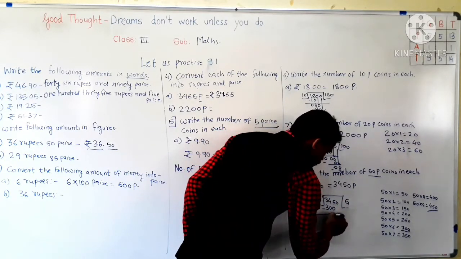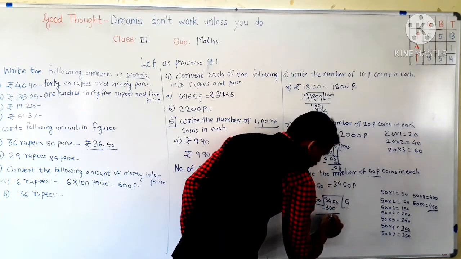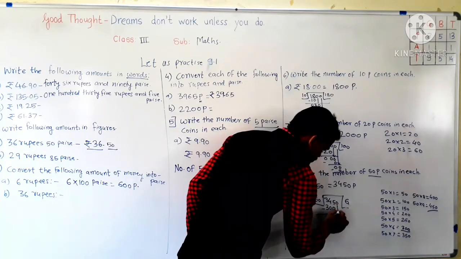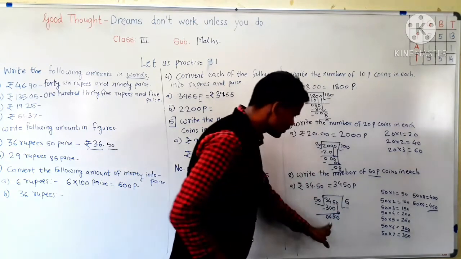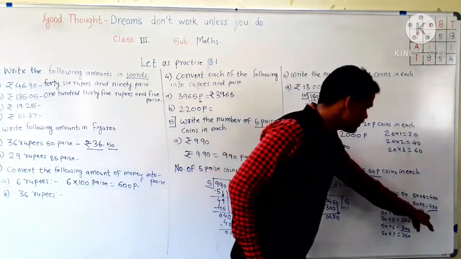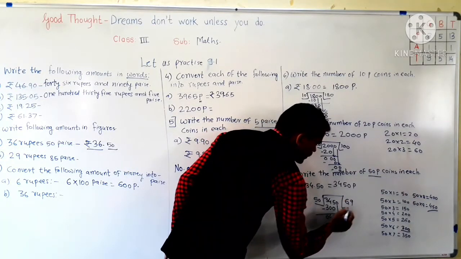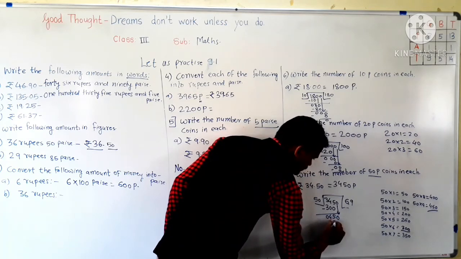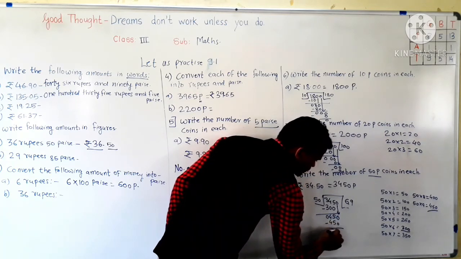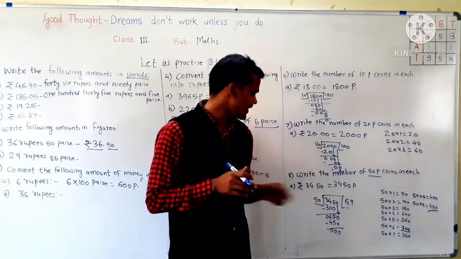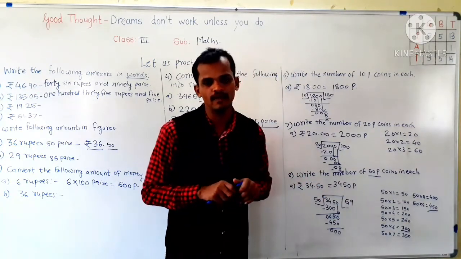Subtract: 5 minus 0 is 5, 4 minus 0 is 4, 3 minus 3 is 0. Then take the next digit down here. 450 is formed and 9 fifties are 450. So 69 coins of 50 paise make 34 rupees and 50 paise.